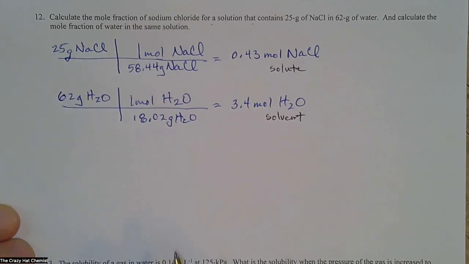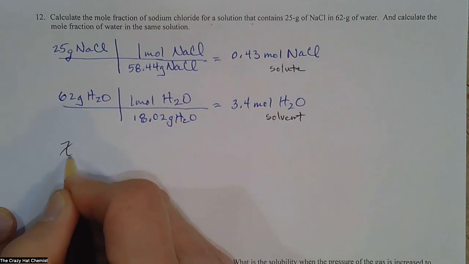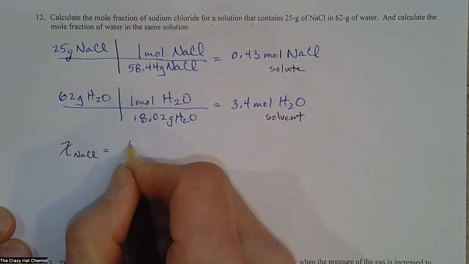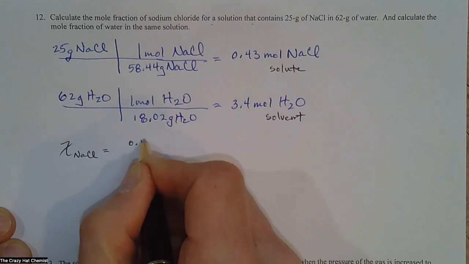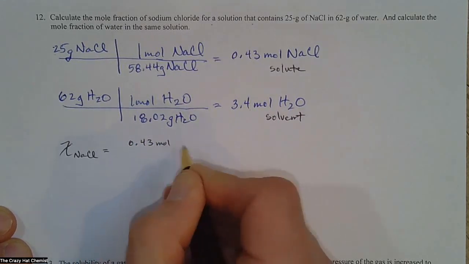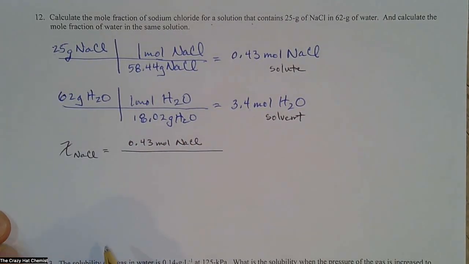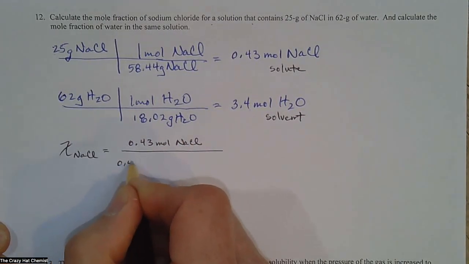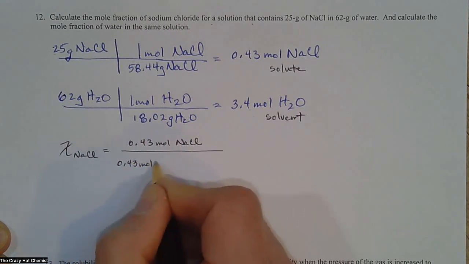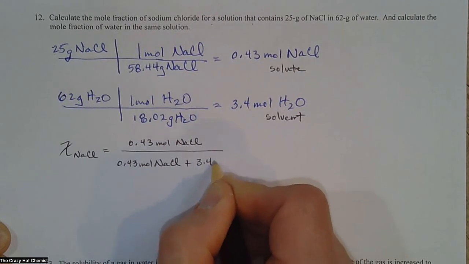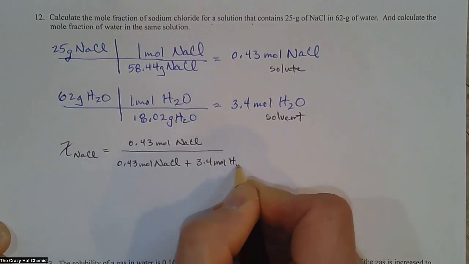So what we're going to do is say the mole fraction of NaCl is equal to the moles of sodium chloride, that's 0.43 moles of NaCl, divided by the total moles, which is 0.43 moles of NaCl plus 3.4 moles of H2O.